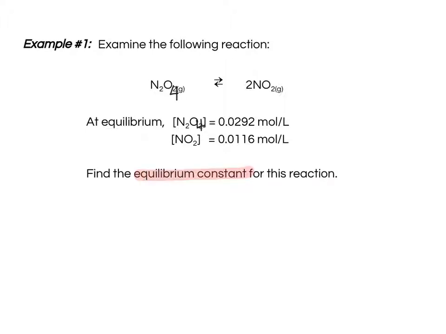So the question is saying find the equilibrium constant. So in this case, what they're asking me to find is the value of KEQ for this reaction. So a good place to start is to go ahead and write out that equilibrium law. So pause the video, take a minute, and go ahead and do that.